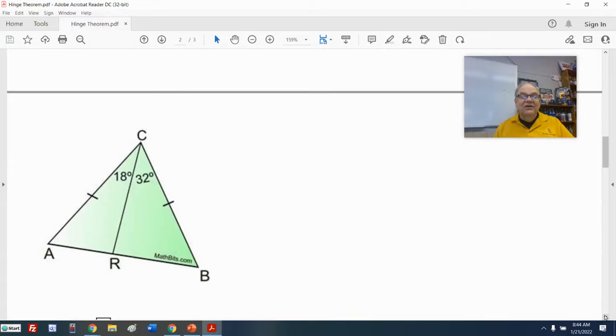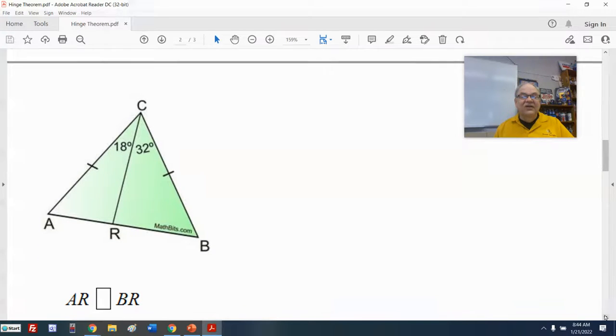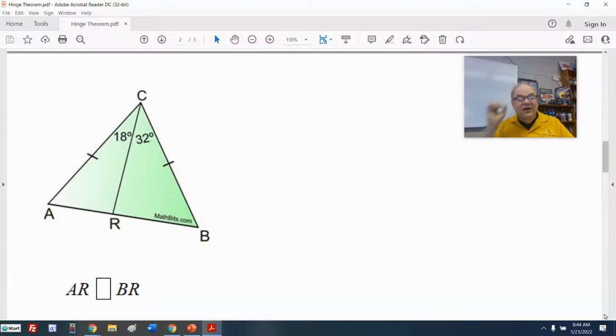So you might see some questions like this. Here's a picture of a triangle. And we're supposed to put a relationship symbol, either less than, greater than, or equal, between these two things. Well, in this picture, I have sides in the left hand and the right hand that are going to be equal, but the left hand angle is less than the right hand angle.